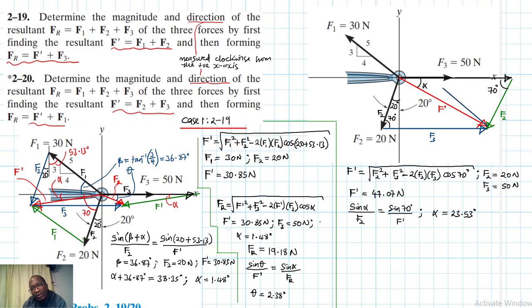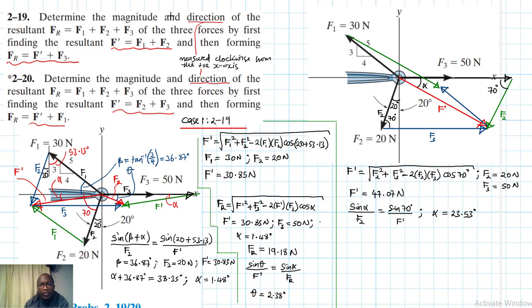So the green is parallel to f prime, and the blue is parallel to f1, and then we have the resultant from this end to there.